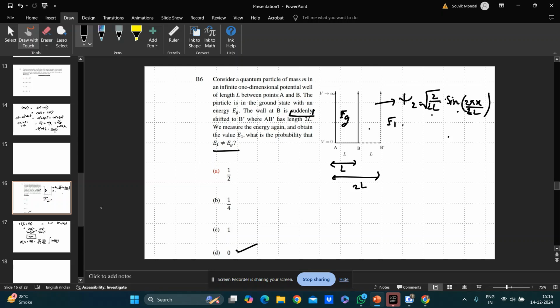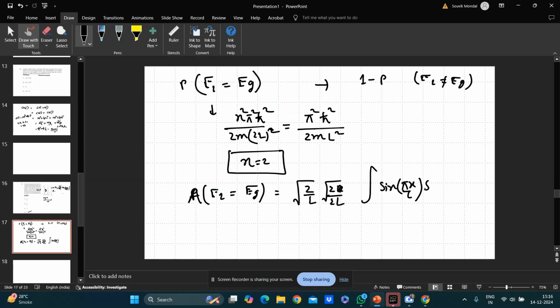So this 2 will get cancelled and you will have sine square pi x by L dx from 0 to L. So 1 by root 2 into L into 2 sine square theta is 1 minus cos 2 theta. So it will simply give L. So it is 1 by root 2. Okay, so I am not doing this integration. It is easily doable. You can solve it.